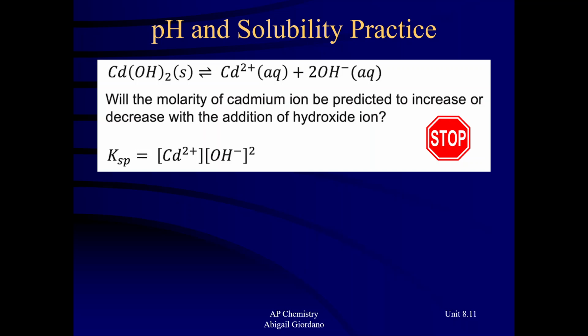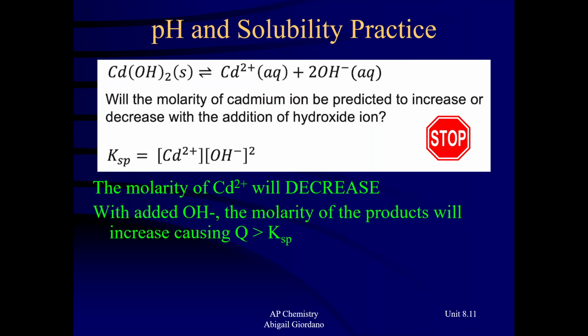Okay, so first of all, guys, let's always remember we need to actually answer the question. Will the molarity of the cadmium ion increase or decrease? And I'm hoping that you said that it will decrease. And let's think about why that would be. If you have that additional hydroxide ion, the molarity of the products is going to increase.